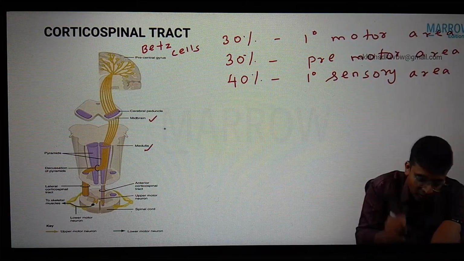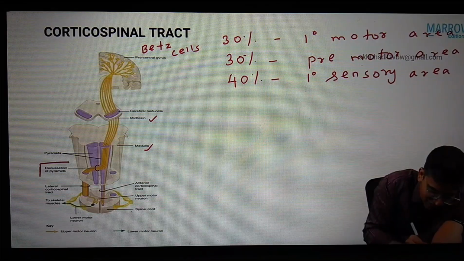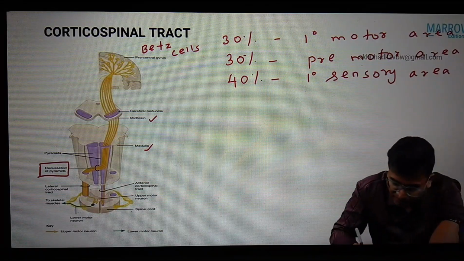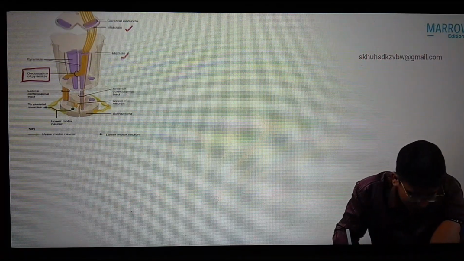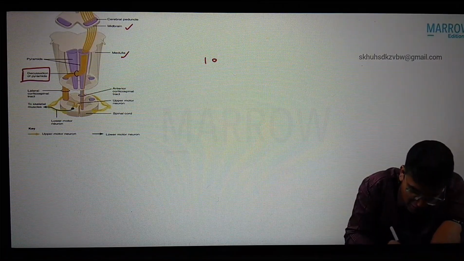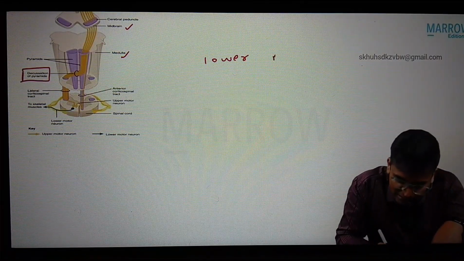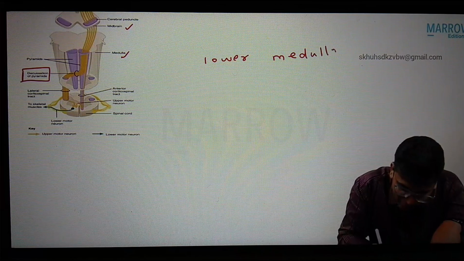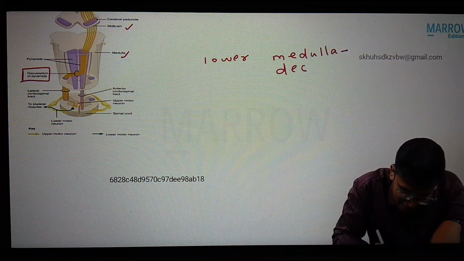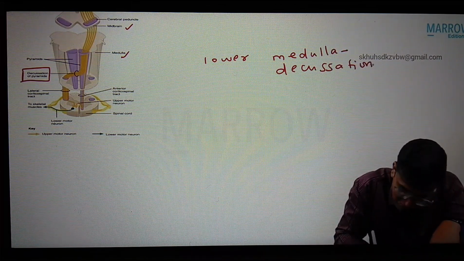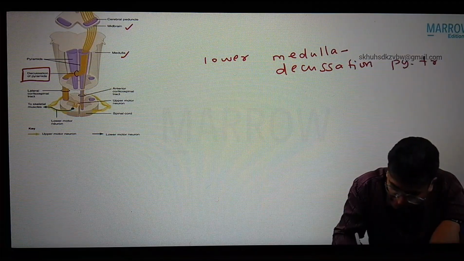Now in the lower medulla, we see the decussation of the pyramid. So please write: in the lower medulla, the decussation of the pyramidal tract.